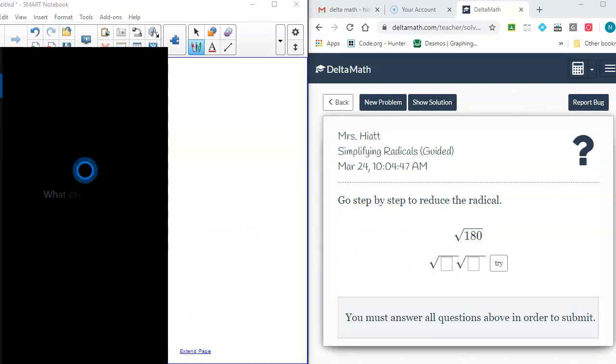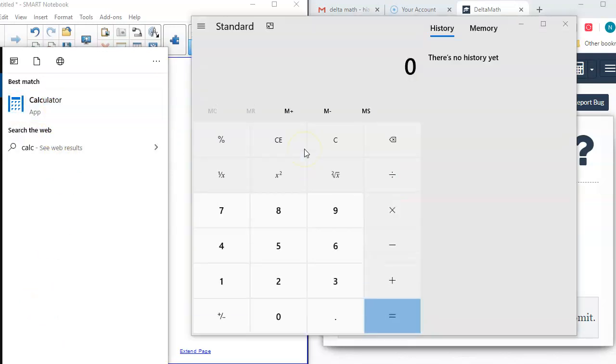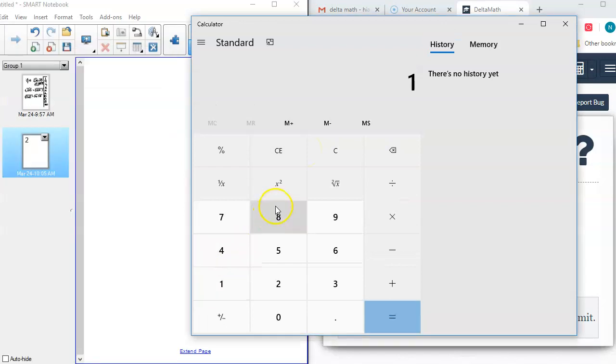So if you get your calculator, I'm just going to pull up the one on the computer here. You could try 180 divided by 4. That works. We could do 4 times 45, but we could have a bigger number that we could use. So if I do 180 divided by 9, 9 times 20 would also work.